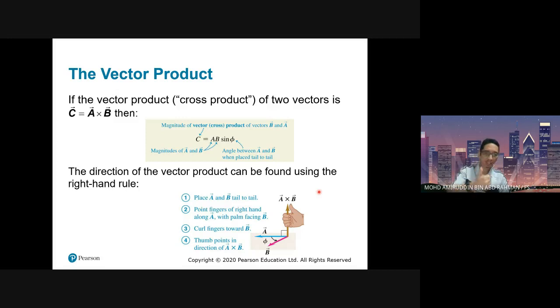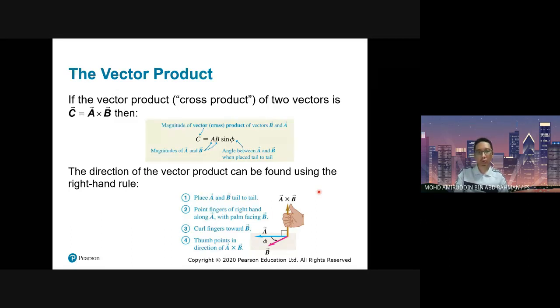So your vector C will point up, to the north. That's how you can determine the direction of the resulting vector from A cross B.